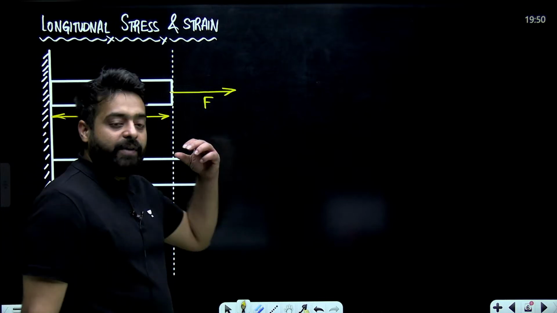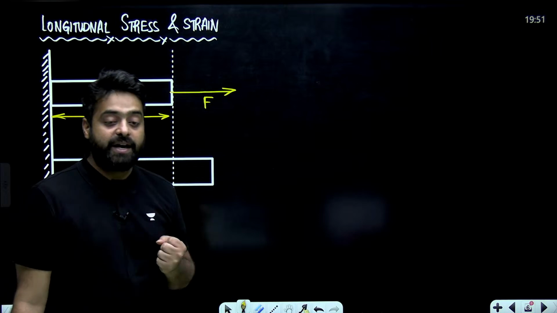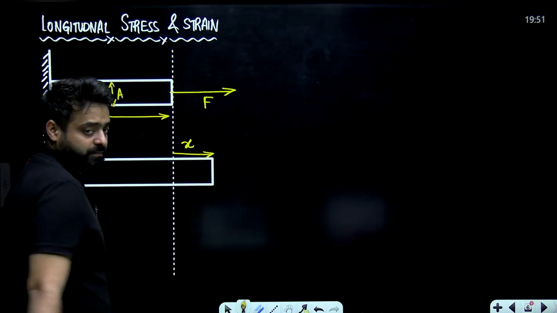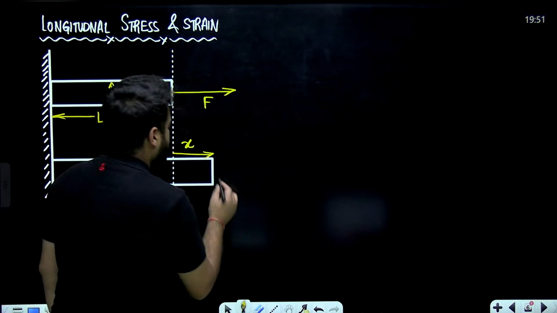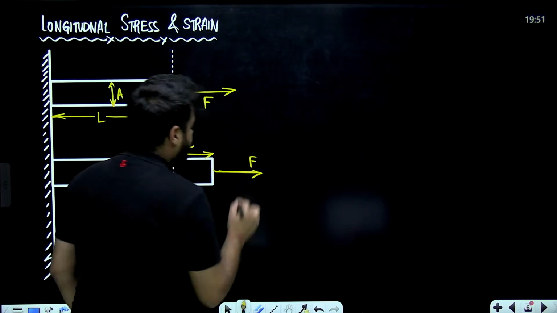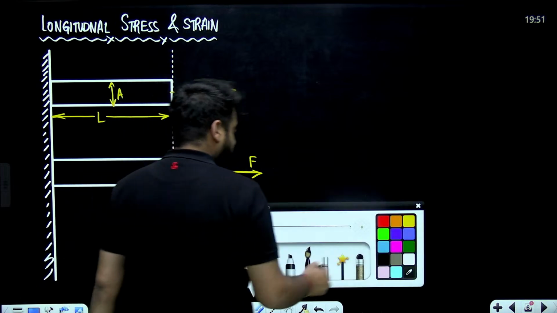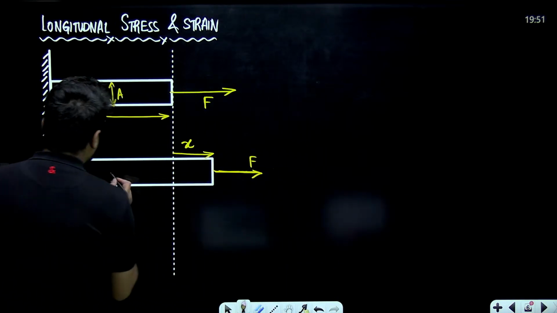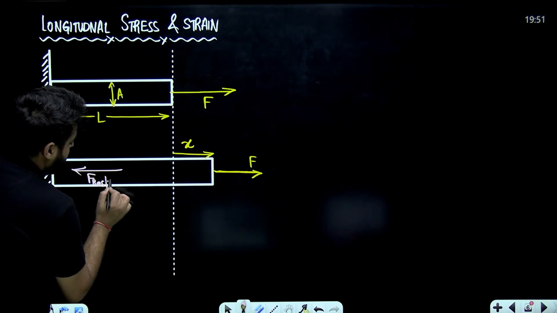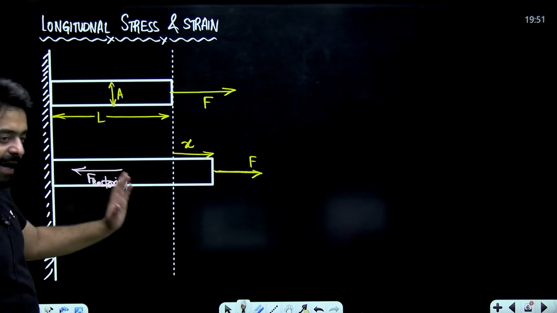When I apply a force on any body which has original length L and cross section area A, I found that it gets deformed by some value x. It extends until the force F is balanced by some internal restoring force inside the body. When this restoring force becomes equal to this force, the body stops at this deformation.